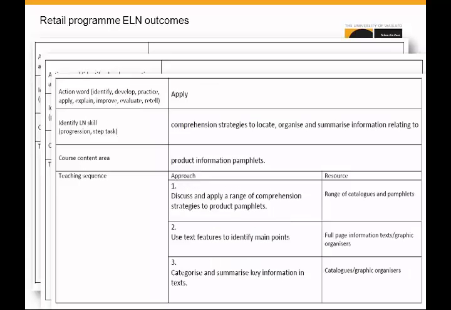For the retail course, we had 7 specific outcomes that we were after, and these are our high priority outcomes. There were 2 for numeracy, 2 for reading, 1 for writing, and speaking and listening, of course, was a priority in terms of customer relationships and customer service. So we clearly articulated each of the outcomes we wanted in terms of an outcome statement.